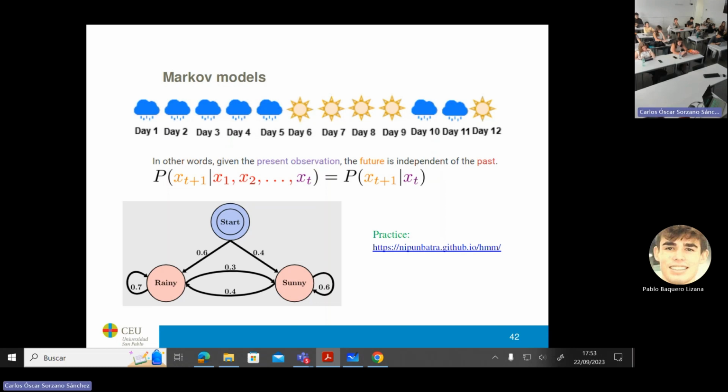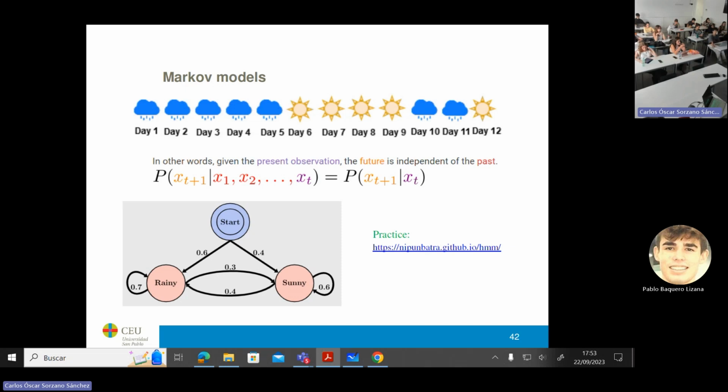So the state now contains all the information you need to calculate the probability of the next state. Not all systems are Markovian, okay? There are systems that fulfill this property, and some other systems that do not. And then you will have a random sequence like this.